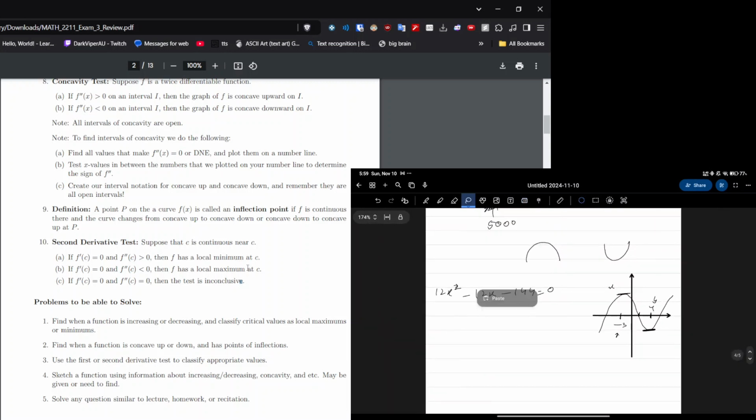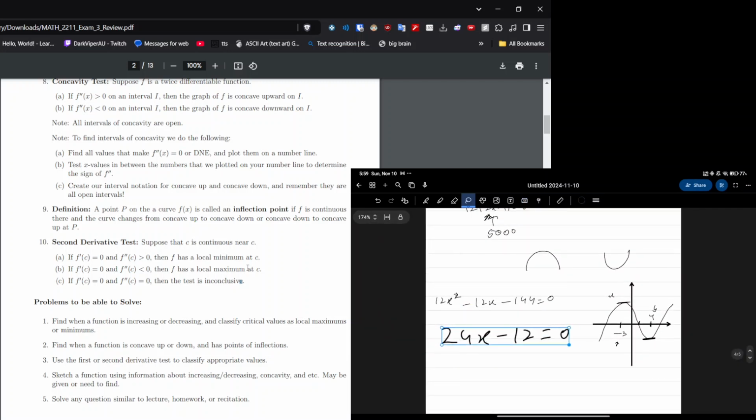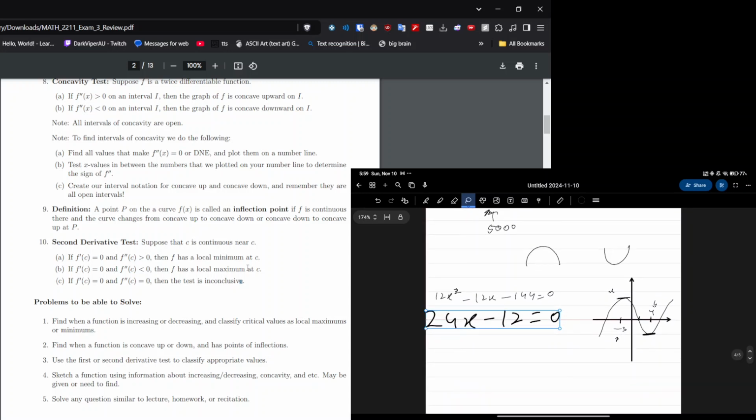These numbers should give me 0 when I plug them into the first derivative, because it's the slope. This equation tells me the slope of the graph. The first derivative always tells me the slope of the graph. So if I plug it over here, it will give me 0.